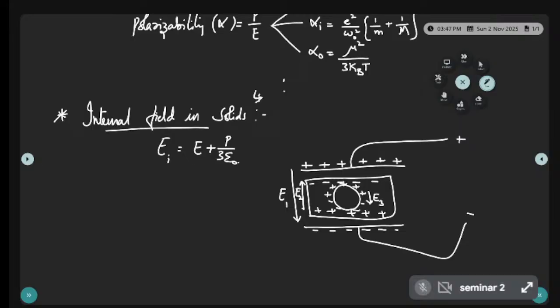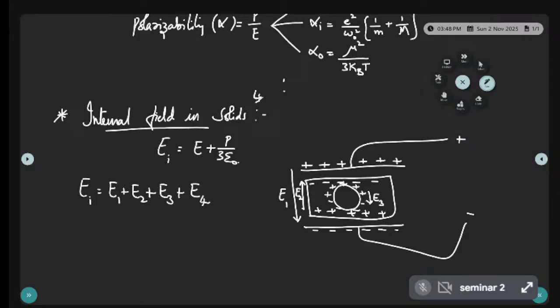So finally, what Lorentz said is that the field that is developed inside the material is E_i, which can be taken as E1 plus E2 plus E3 plus E4. One more I am going to add.